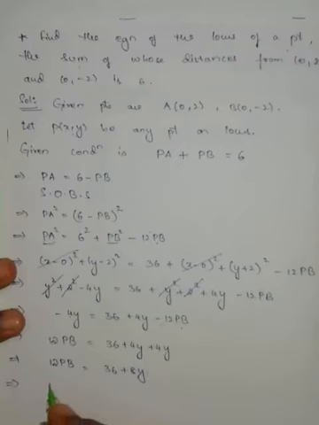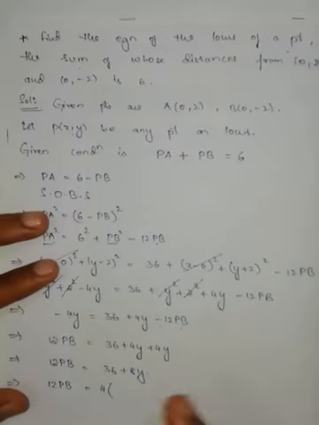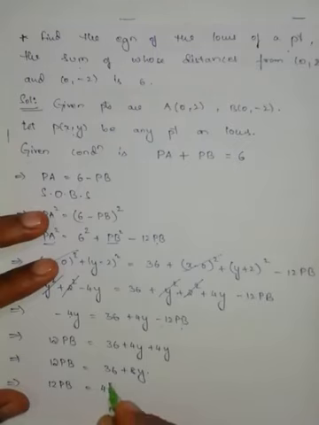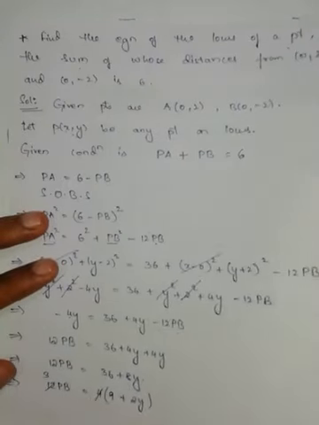This implies 12 PB is equal to, I am going to take 4 common, so it becomes 4 times (9 plus 2y). 4 ones are 4, 4 threes are 12. So what you will get?